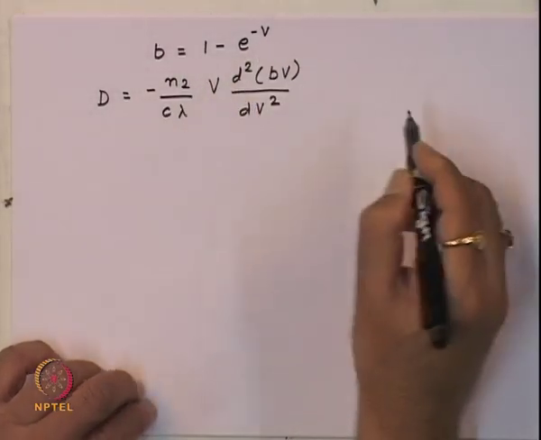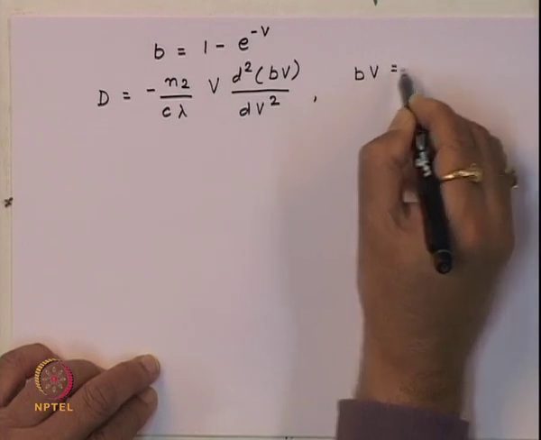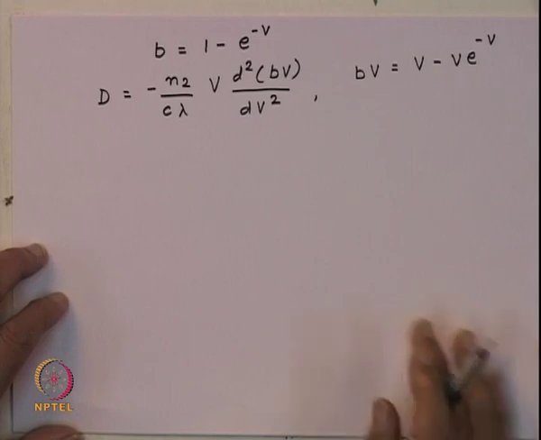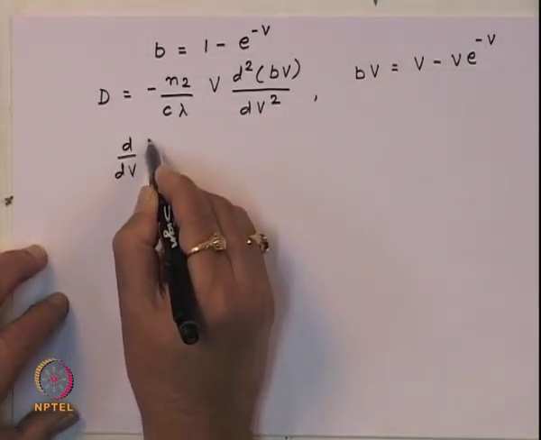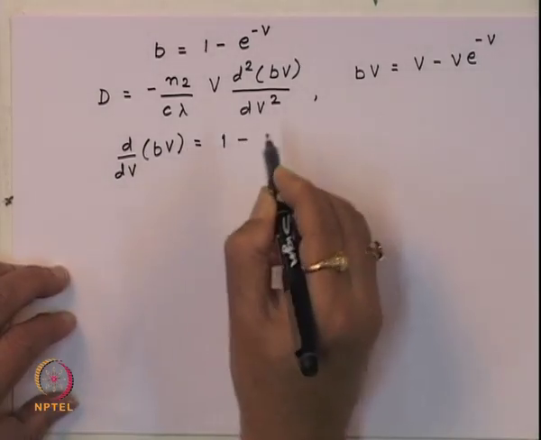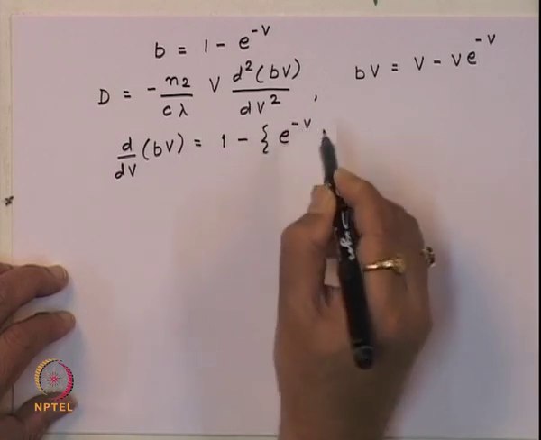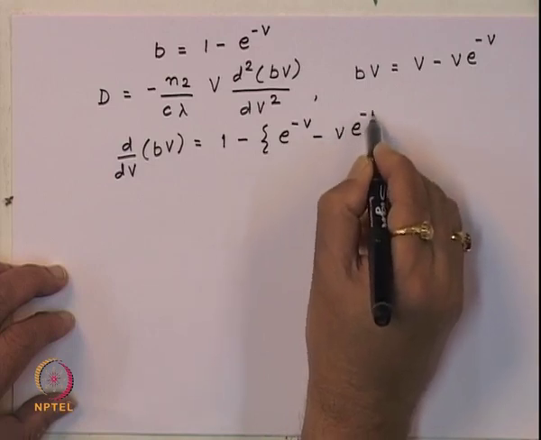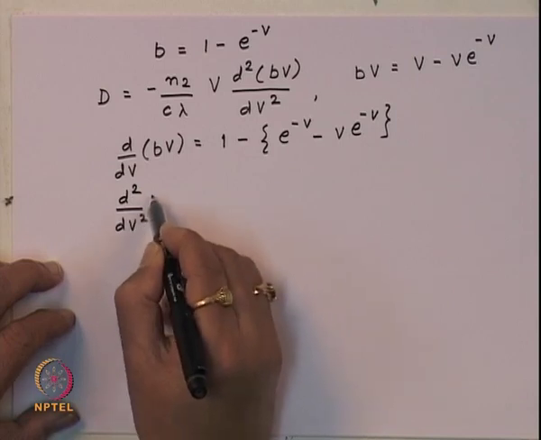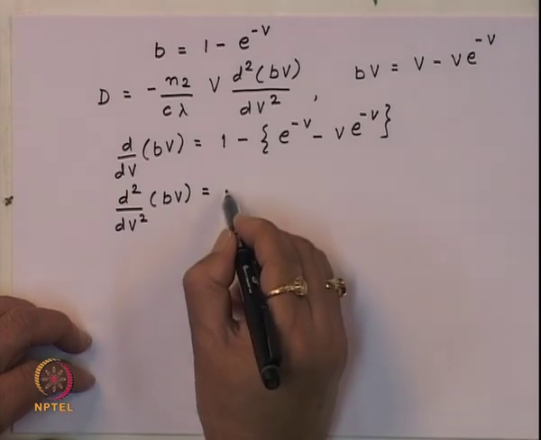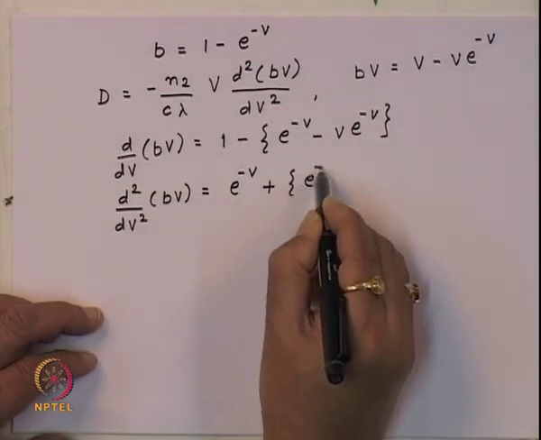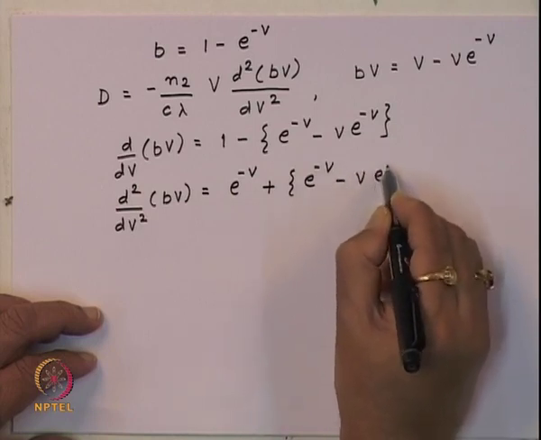So, since b is given as 1 minus e to the power minus V, we have bV, that is V minus V e to the power minus V. So, for this we can get d by dV of bV, that is equal to 1 minus e to the power minus V minus V e to the power minus V, and d2 by dV square bV, that is equal to e to the power minus V plus e to the power minus V minus V e to the power minus V.